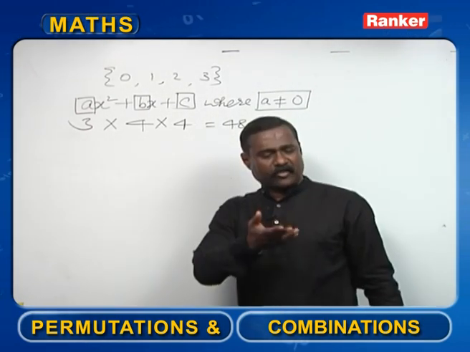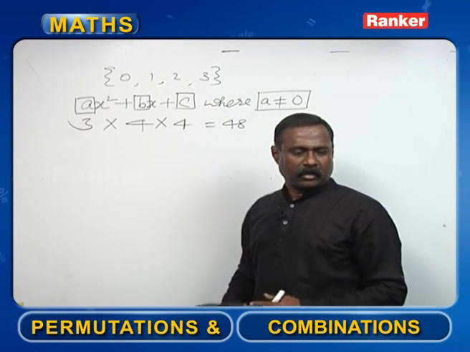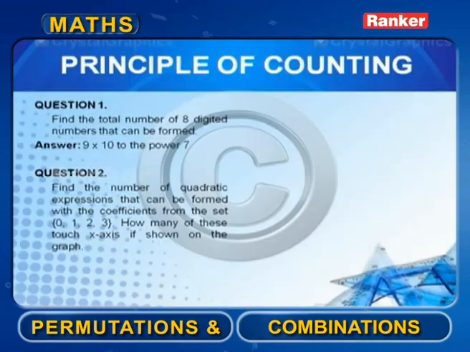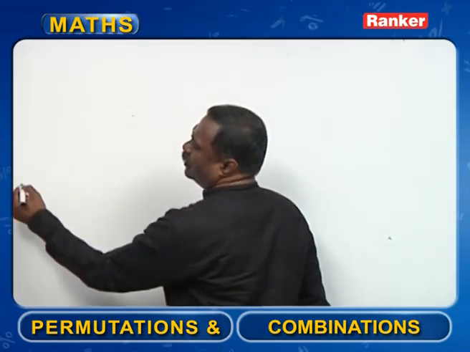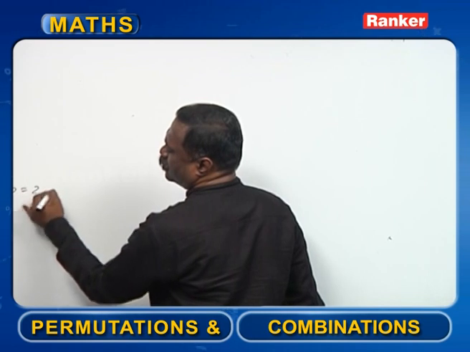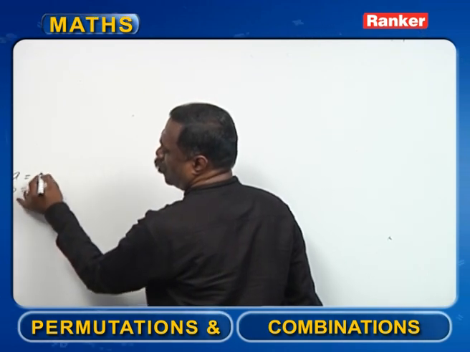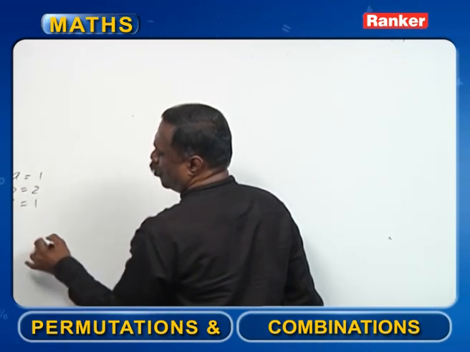The number of such expressions which touch the x-axis will be counted in this way, wherein you take the combinations. I have already shown you a combination like B is equal to 2, A is equal to 1, C is equal to 1.